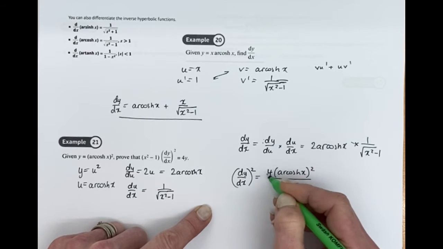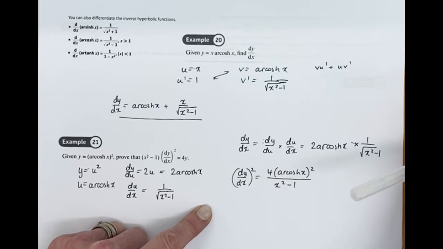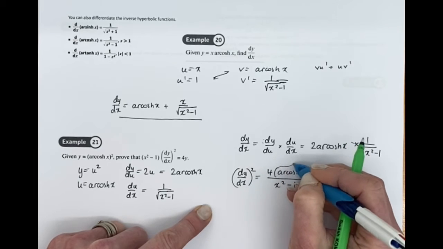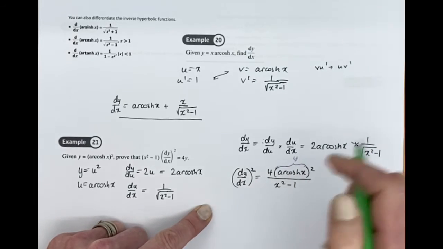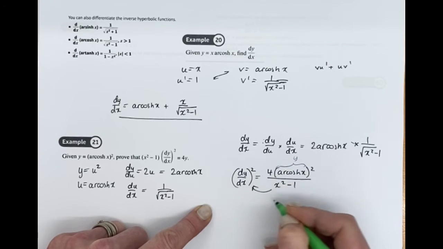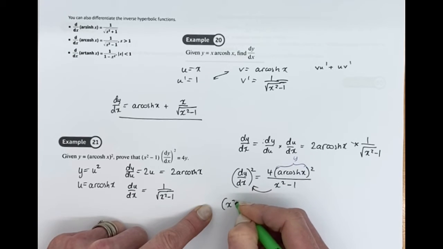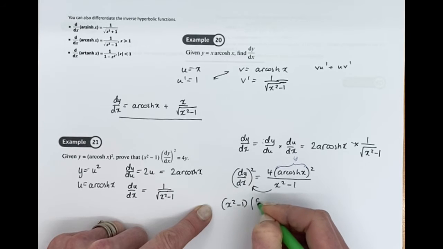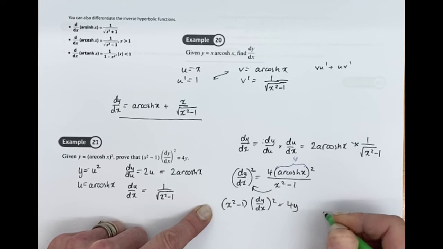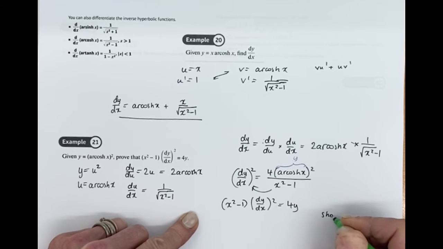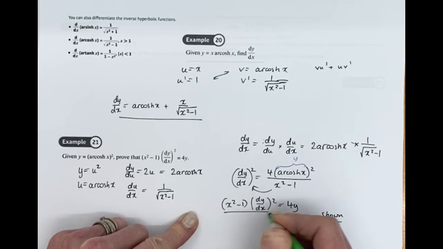If you look very carefully, arcosh x all squared is y, and then we can multiply through the denominator to obtain x squared minus 1, dy dx squared, is equal to 4 times y. Okay, so again, shown or proven.